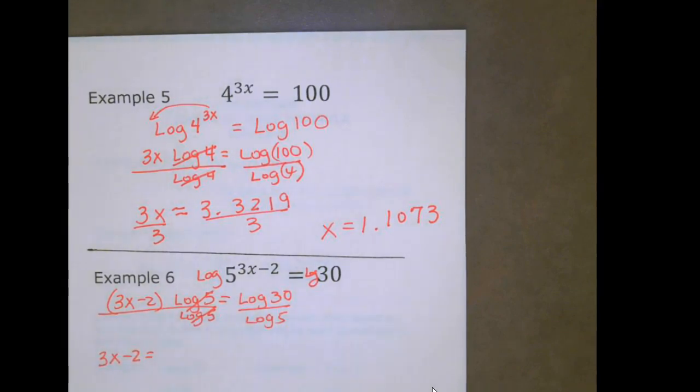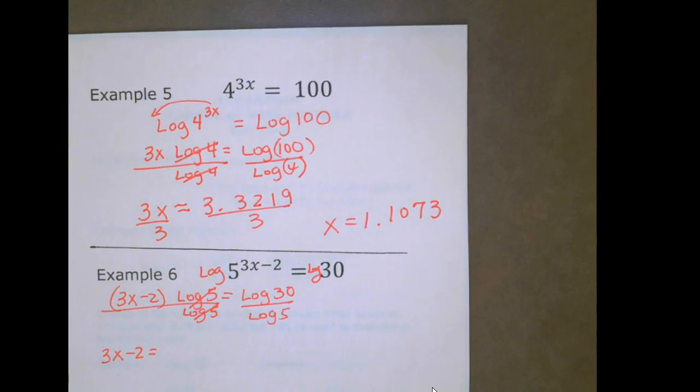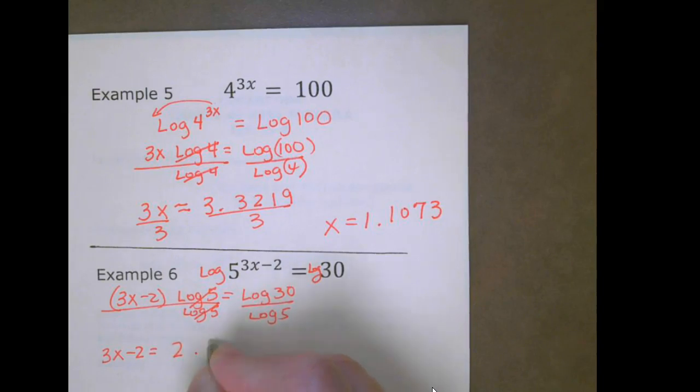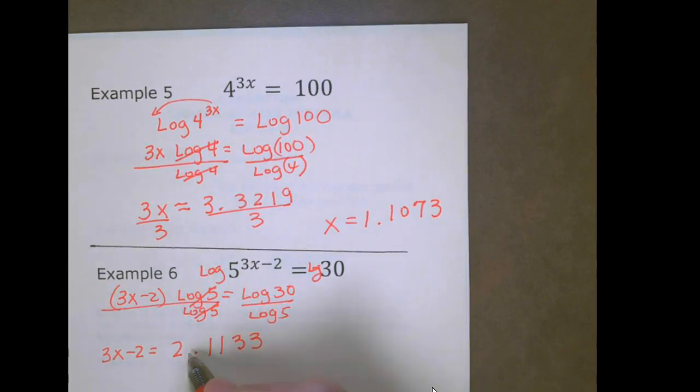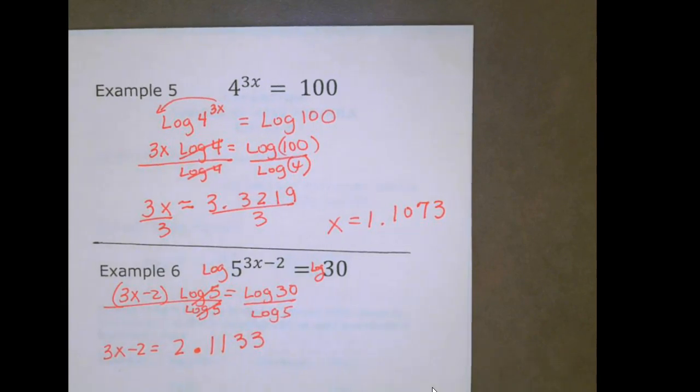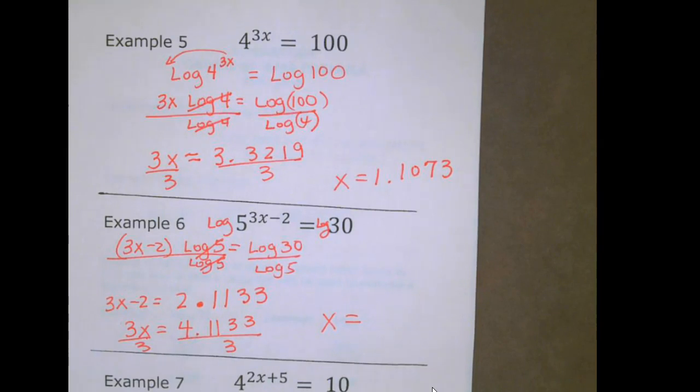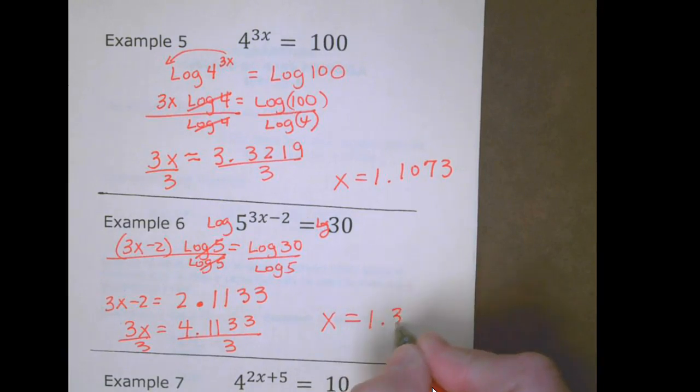So with my calculator, I say log of 30, close parentheses, log of 5, close parentheses, 2.11328 rounds to 3. Add 2 to both sides. Divide both sides by 3. Round it off.